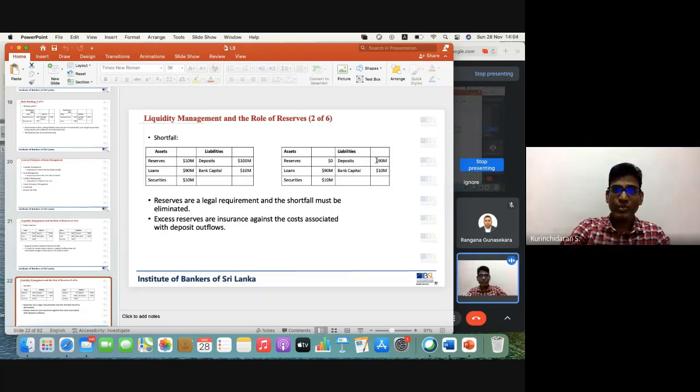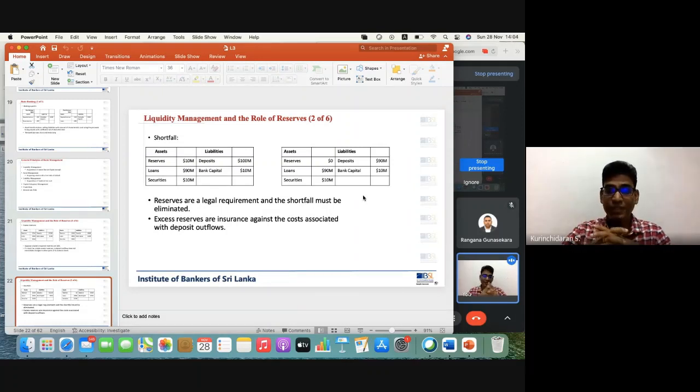You are going to lose 10 million out of your total deposits of 100 million, so the balance is 90 million. But at the same time, you are going to lose your reserves as well. So now the reserve is 0. If you maintain as per the requirement, that is your actual level. So if there's any withdrawal, your reserve level will come down below the requirement.